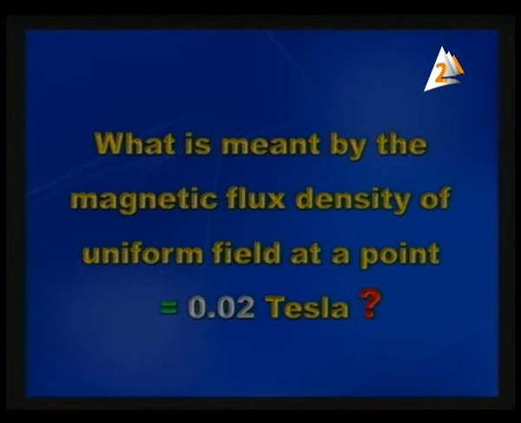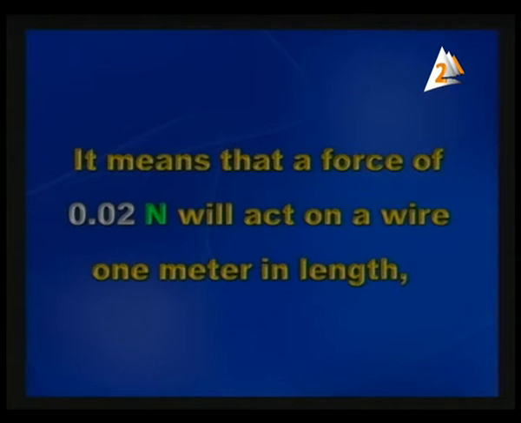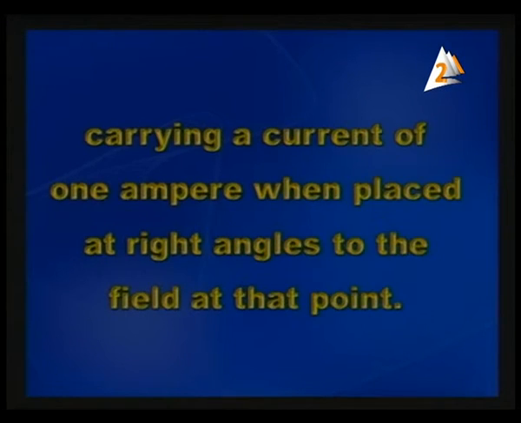It means that a force of 0.02 Newton will act on a wire. What about the dimensions of the wire? It is 1 meter in length, carrying a current of 1 ampere, when placed at right angles to the field at that point.